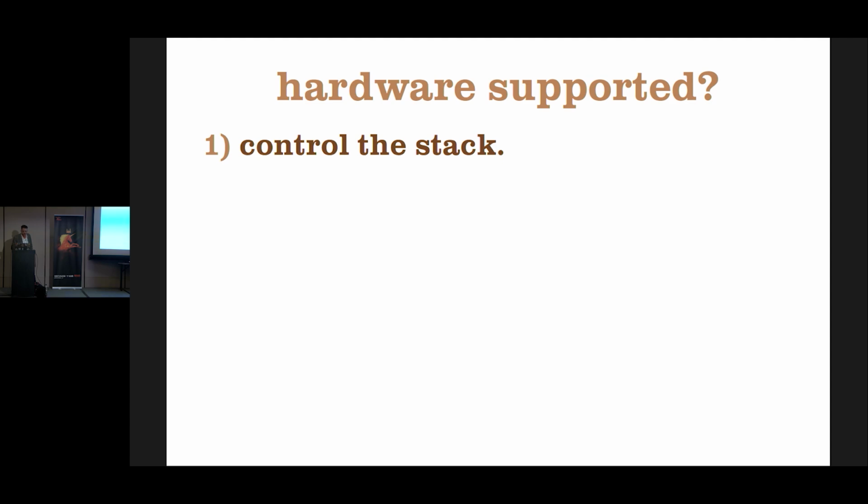But first we have to decide what these mean. If we're talking about hardware supported, what I mean is, if we want hardware supported 754, given the kinds of things I've talked about a moment ago, what does it mean to actually control the stack? The first thing I came up with was, what if we could just set the right flags on the compiler when we do the build?